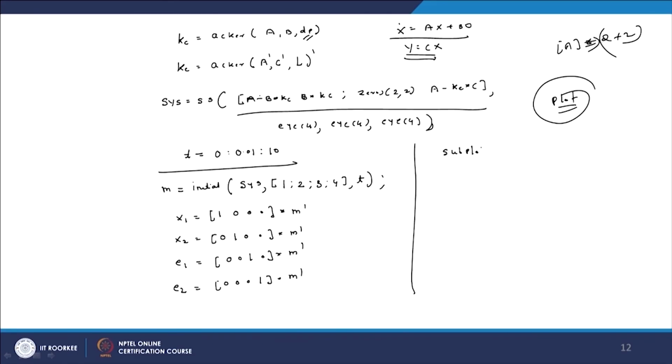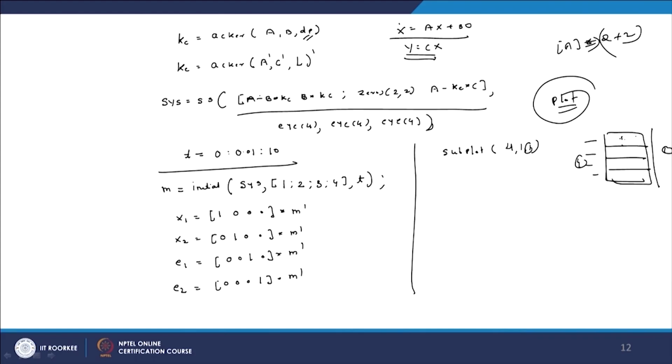Therefore, the command to be used is subplot 411. Subplot 411 indicates that there are 4 rows, 1 2 3 4, and 1 column, and this 1 is the first position.